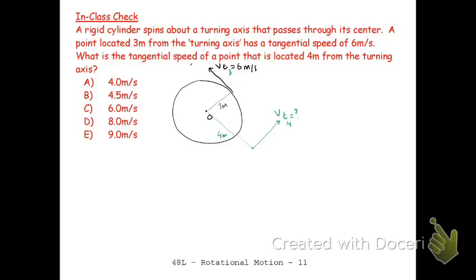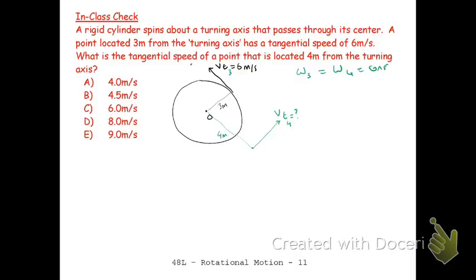What is the same for all points on a rigid rotating cylinder? Angular stuff, isn't it? Angular stuff is the same. So I can say omega for 3 is equal to omega for 4, because it's the same. Equals a constant.